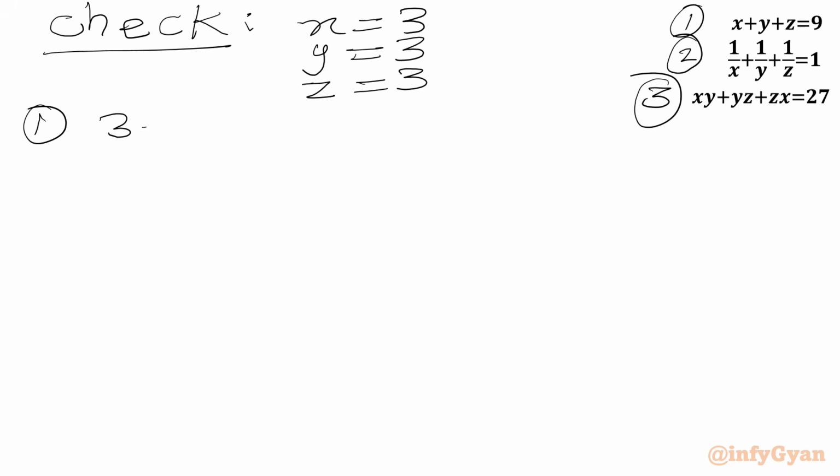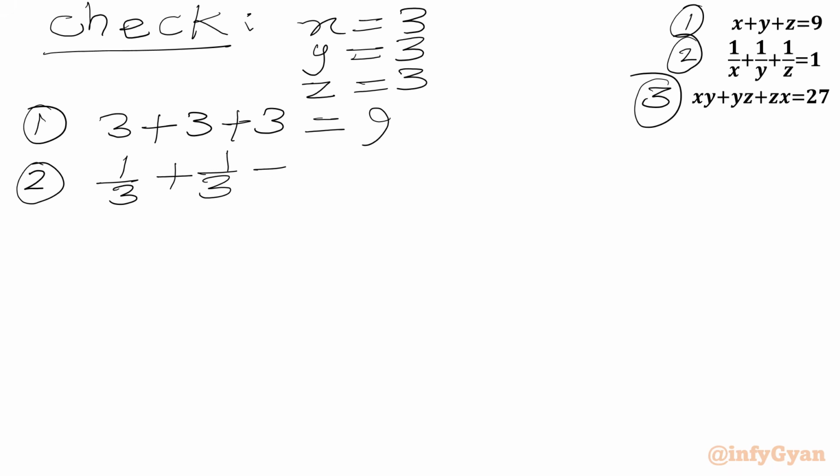So we will write 3 plus 3 plus 3, which is true because the addition is 9. Second equation, if we check, 1 over 3 plus 1 over 3 plus 1 over 3. If we add, then we can write 3 over 3. The value will be 1, which is also true.